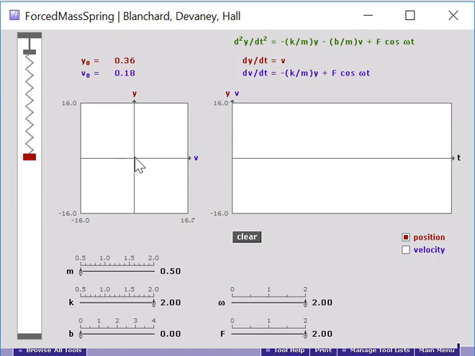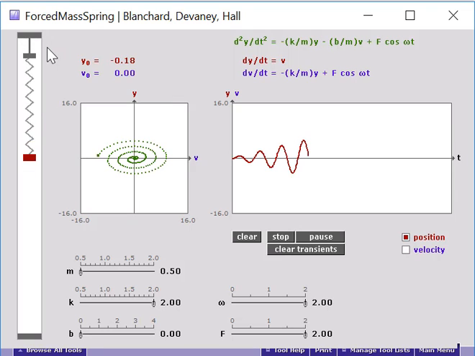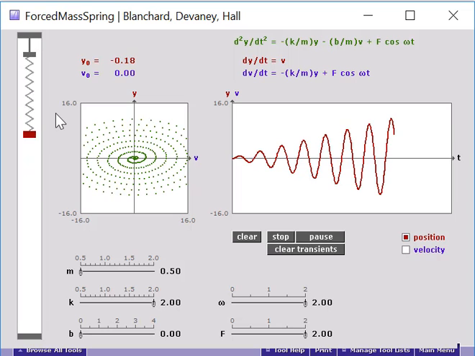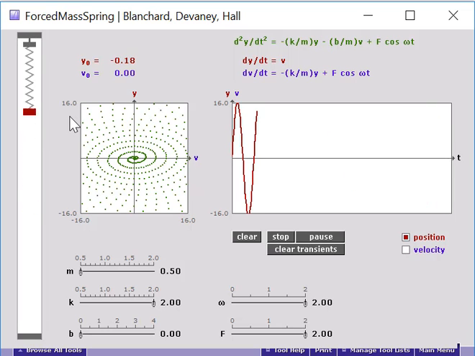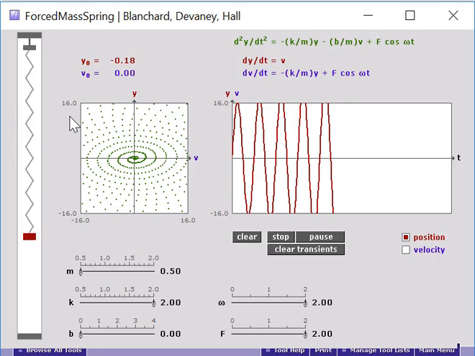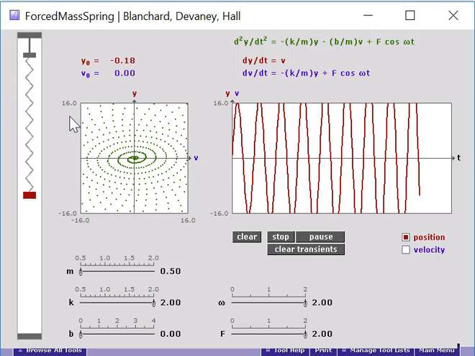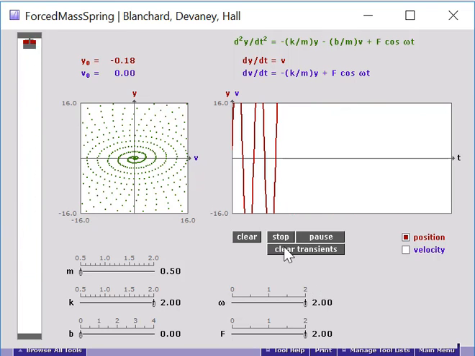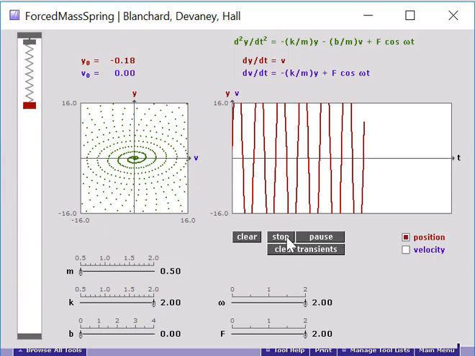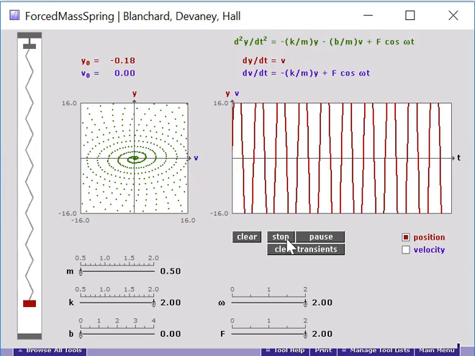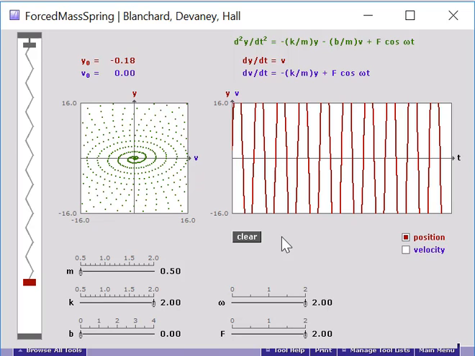Let me just start this again at 0, 0. You'll notice that the force and the spring are working in tandem. There's never a time that they're out of sync or working against each other. It just keeps going crazy. It's getting as high as it can. I think of this as pushing a kid on a swing.